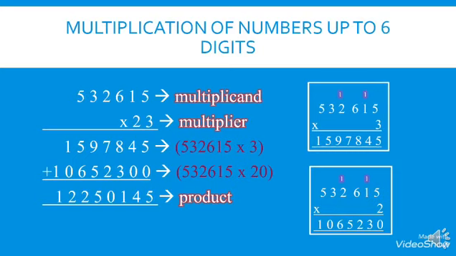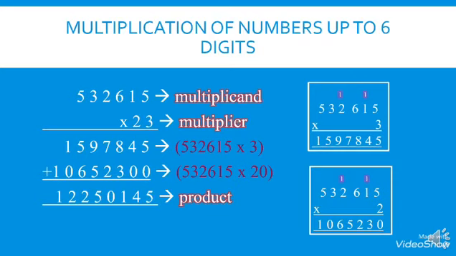And the number by which it is multiplied is called the multiplier. And the answer or result we get is called the product. So in this question, 532,615 is the multiplicand and 23 is the multiplier.